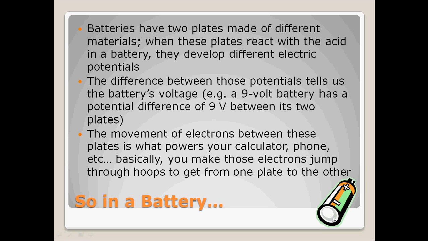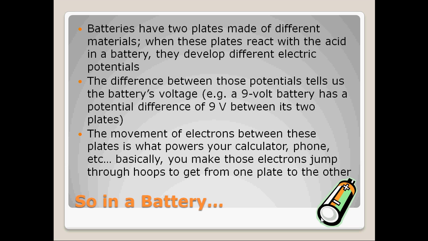Now, once we plug this in, what we're going to find is that all these electrons on the lower potential side want to move over to the side of the battery with the higher potential. And that basically is what powers all of our battery-operated devices: those electrons are trying really, really hard to get to the side of the battery with a higher potential.